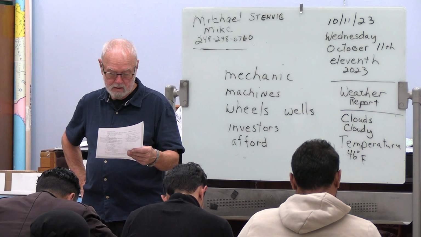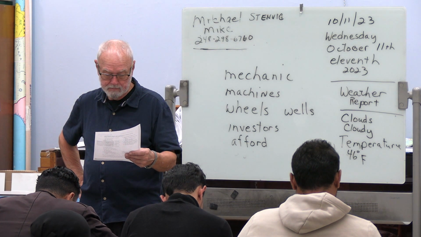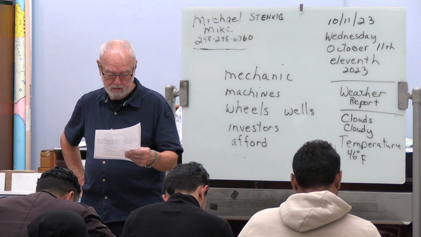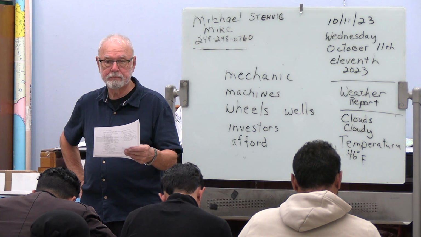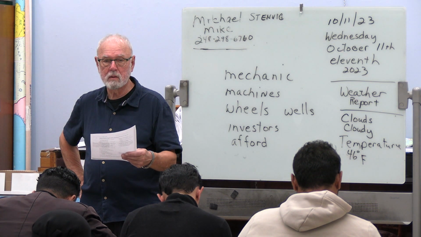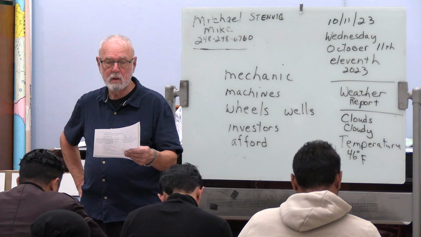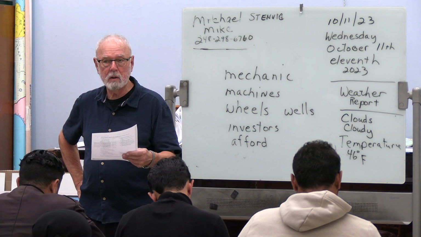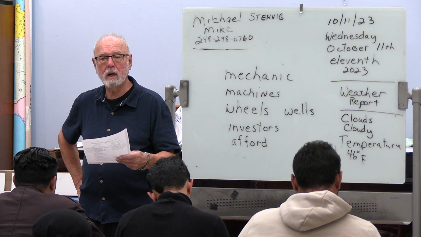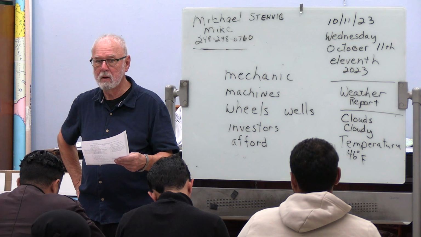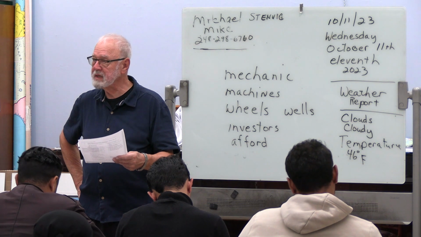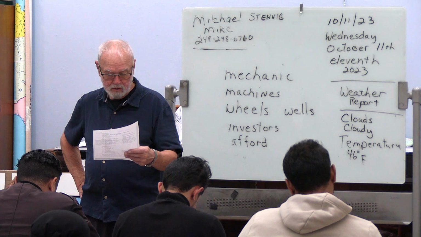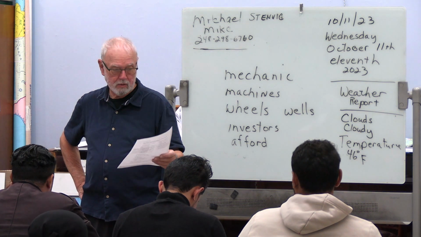Ford was able to drop the price of the Model T to $265. What's that number? How would we say that number? $265. Very good.